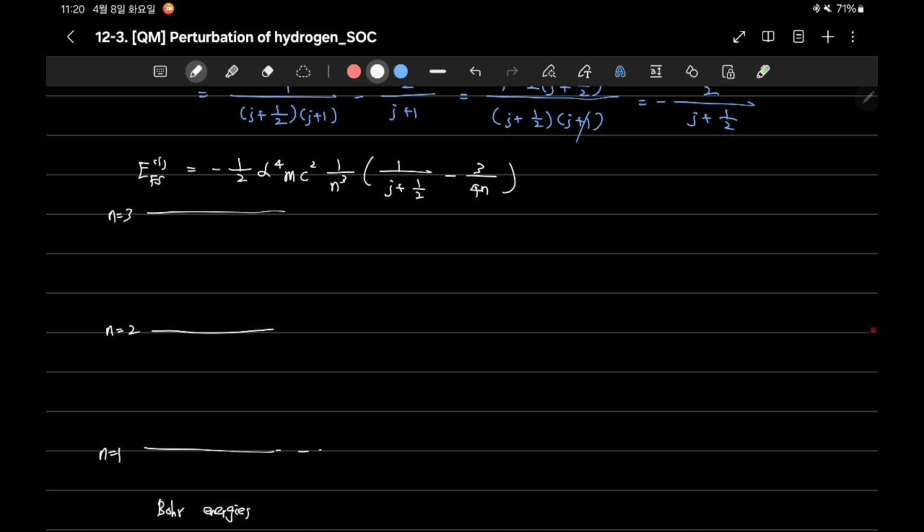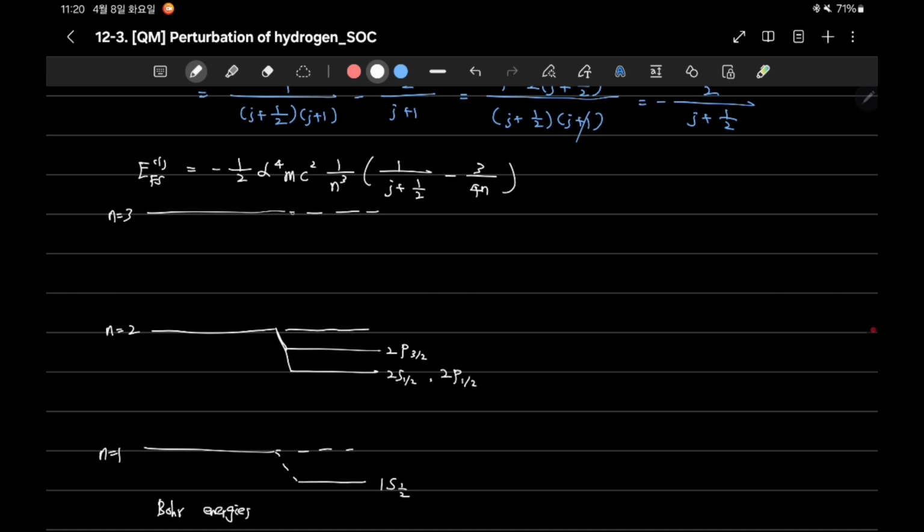But here the interaction can have a splitting like this, and it is 1s 1 half, and this is triply degenerated: 2p 3 half, 2s 1 half and 2p 1 half.